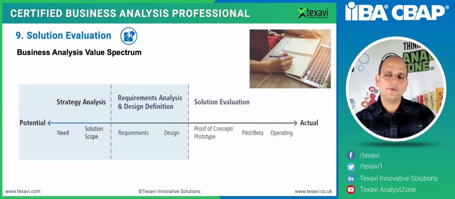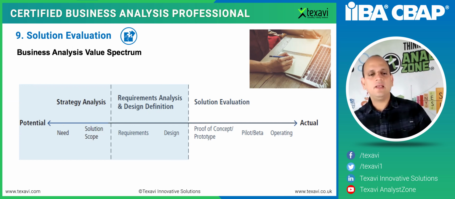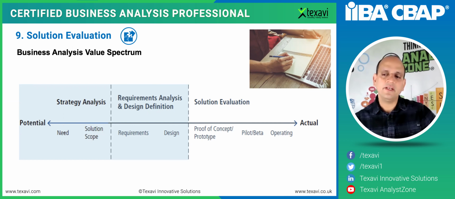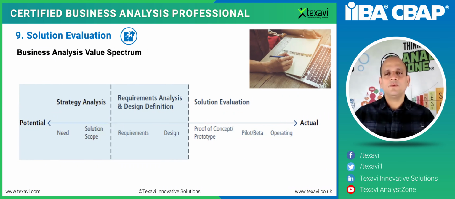So the potential to actual spectrum is pretty much similar. Your delivery of value is a continuum. It's not a single discrete value. You need to go through this journey to deliver from the need all the way through to operating. You identify the needs, come up with a solution scope, create the set of requirements, trace them, prioritize them, analyze them, and then validate and verify them. Once that's done, you start coming up with design options, evaluate and analyze them, and come up with the best solution out of all those design options.